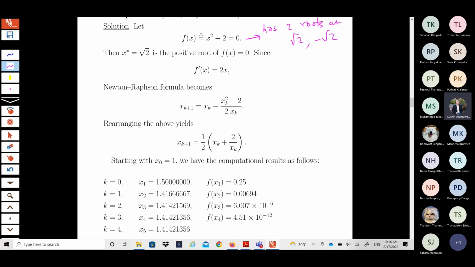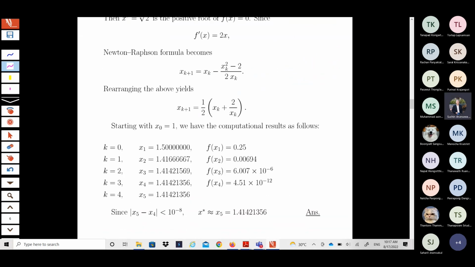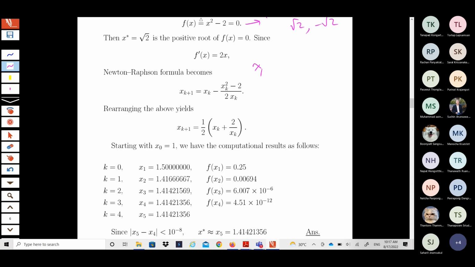And so we form the formula, okay? x_{k+1} equals x_k minus f(x_k) divided by f prime of x_k.